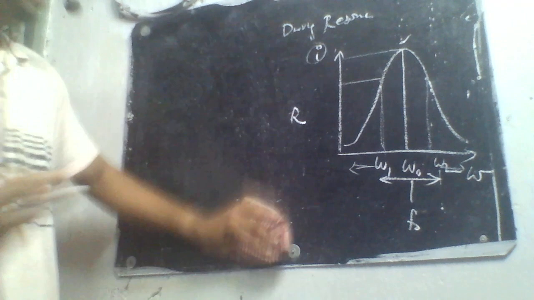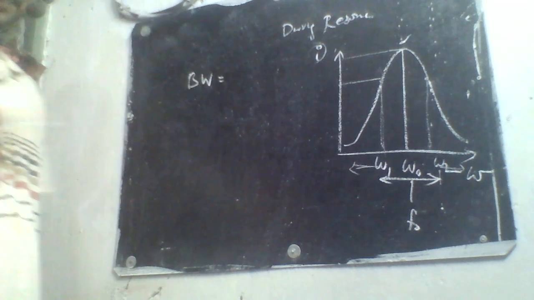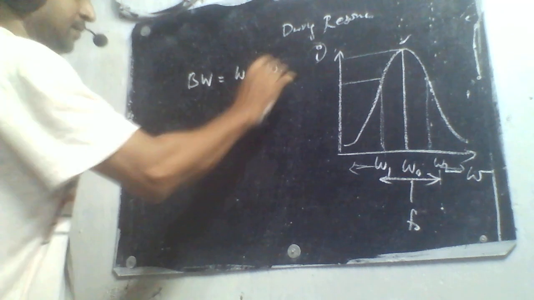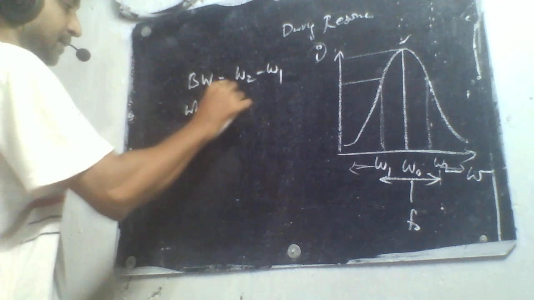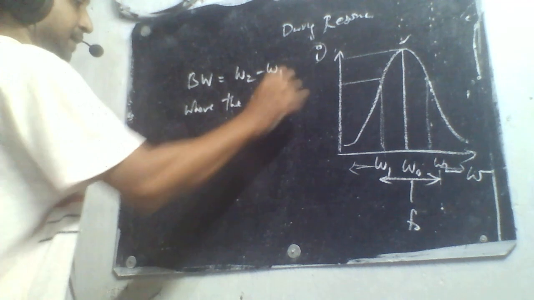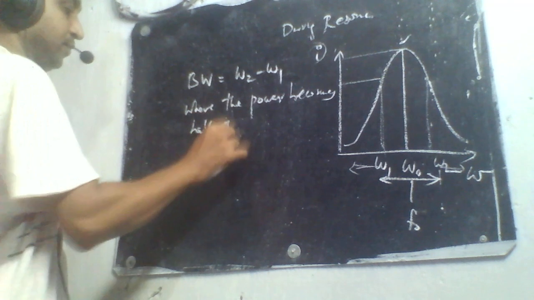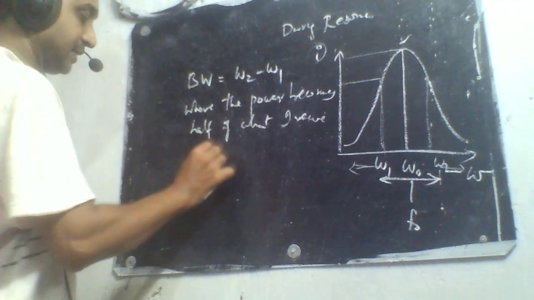So bandwidth is the difference between the frequencies where the power becomes half of what I receive at resonance.